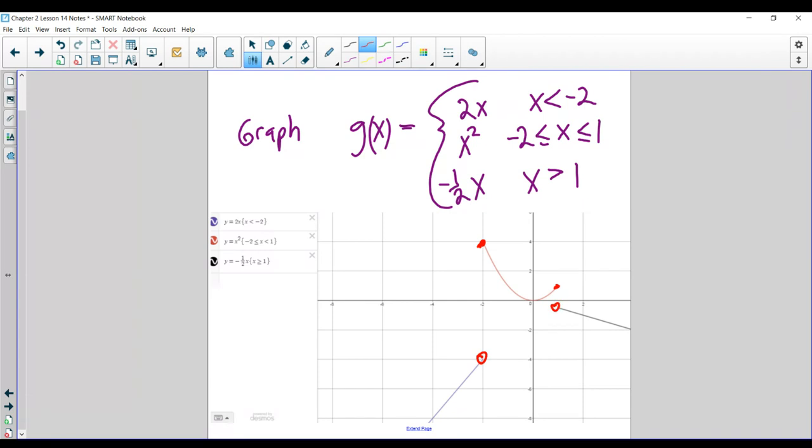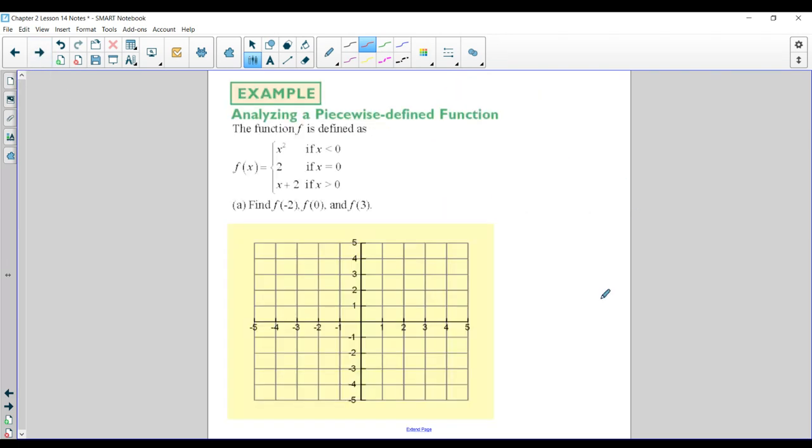So that would be the one thing that Desmos won't do that you're going to have to do. So again, this is how you type it in. You can take a look at that and let me know if you have questions on how to get that into Desmos. But it's a great way. It's very easy to type in, and you can fill in the graph that you're asked to do based off of that.